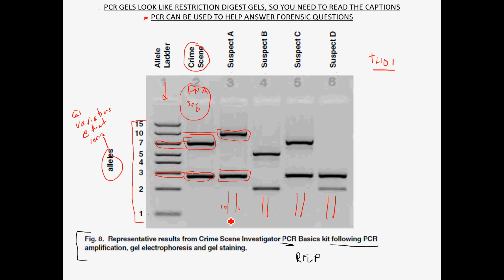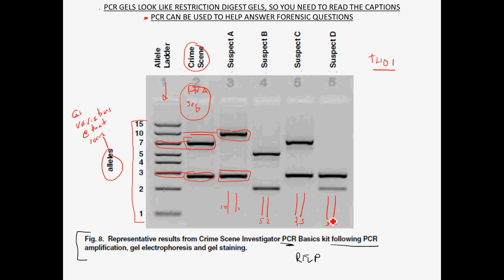So the genotype of this person is 10-3. The suspect B here, the genotype is 5 and 2. On one they had the 5 allele and they had the 2 allele on the other one. Suspect C here has the 7 allele and the 3 allele, and suspect D has the 3 allele and the 2 allele.